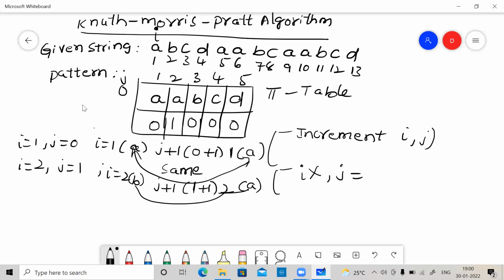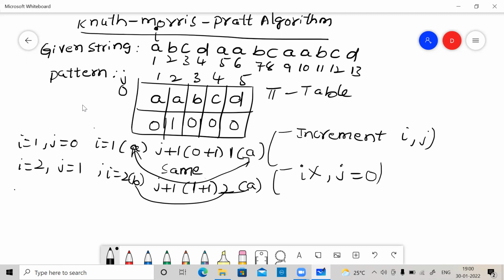So we take j equal to 1. At the j equal to 1 column, what is the second row value here? It is 0. So j becomes 0.